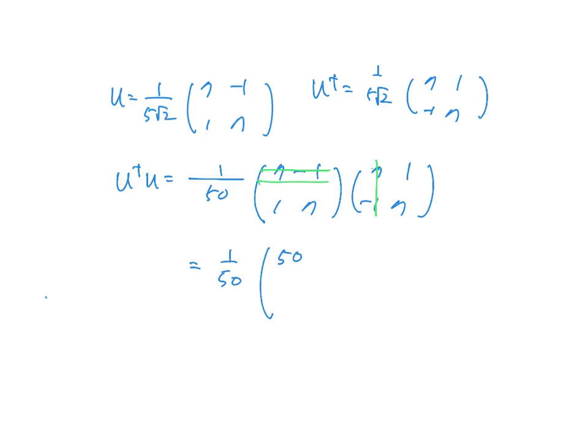Second. 7 minus 7? 0. 0. 7 minus 7? 0. Finally, 1 plus 49, 50. Identity, right? So U is unitary.